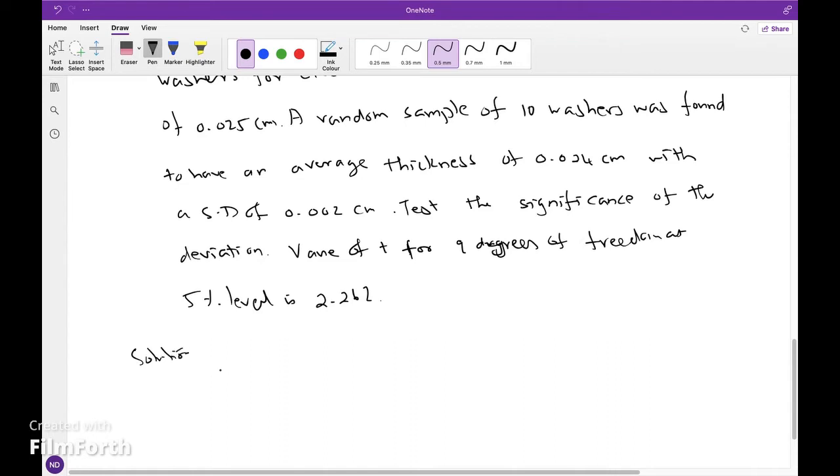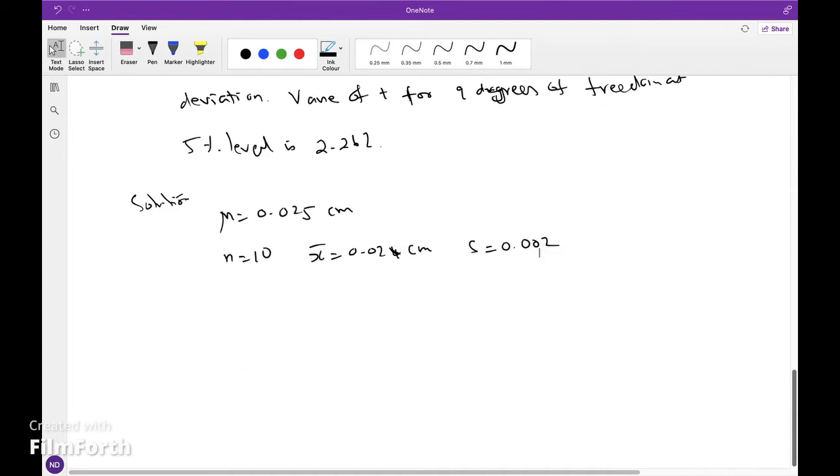Solution. Here mu given, mu is 0.025 centimeter and n is equal to 10. So degrees of freedom n minus 1, 9. X bar given, x bar is equal to 0.024 centimeter and s given, s is equal to 0.002. Since n is less than 30, the sample is a small sample.